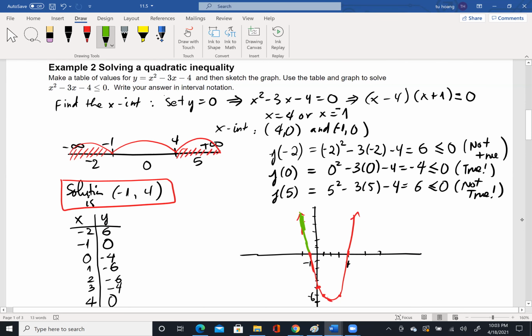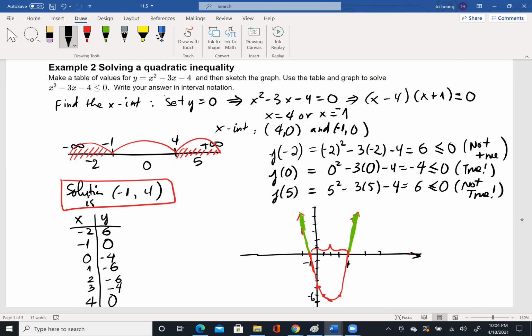So we mean the red one only. So we don't want to use the other. Because we want to find the one that is less than 0, x should be in this interval from -1 to 4, right? Because from -1 to 4, the graph is under the x-axis. See that?